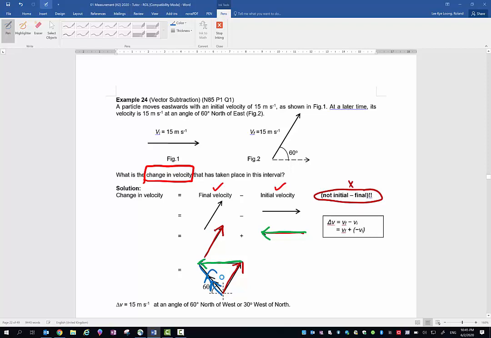So if it's a subtraction, what you subtract with, just flip it over, it becomes a plus, and then you can get the resultant.